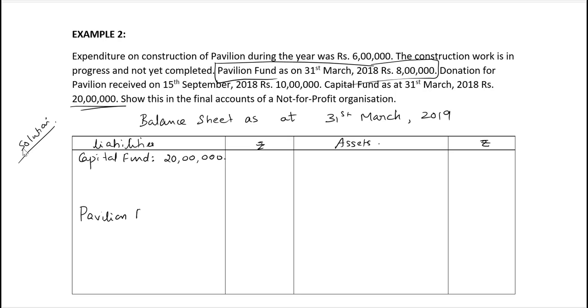Pavilion fund 8 lakh rupees. In the current accounting period 2018-19, we've received donations on pavilion fund for rupees 10 lakh. So we add the donation to the pavilion fund. Add donation 10 lakh rupees. Now the balance amount of the pavilion fund is 18 lakh rupees.